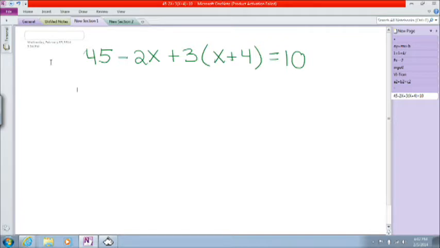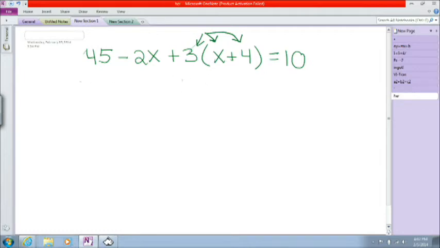If you're solving for x in an equation such as this, the goal is to get x by itself on one of the sides. When you have something like this with a 3 in front of parentheses and something inside of that, we always take care of that first by using the distributive property.